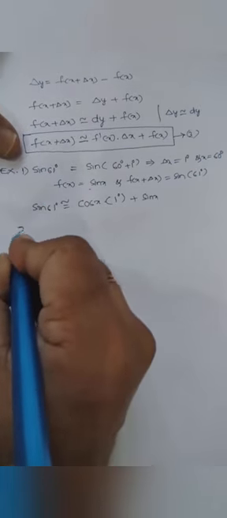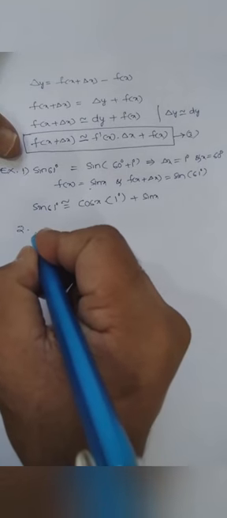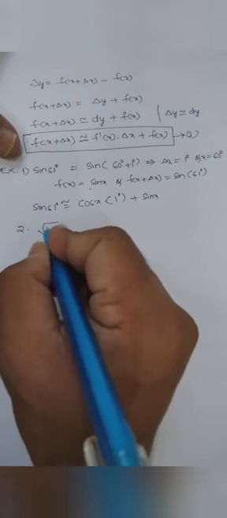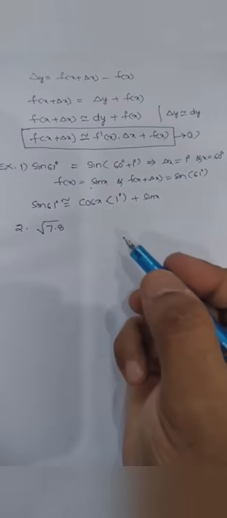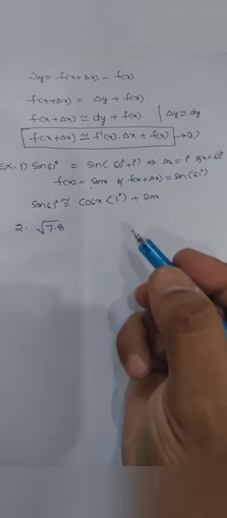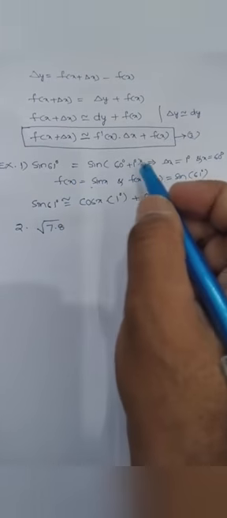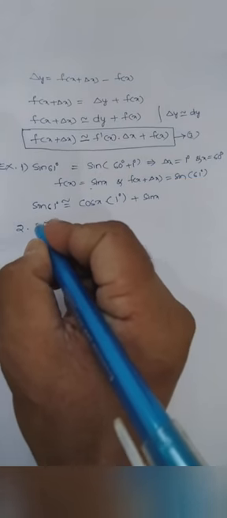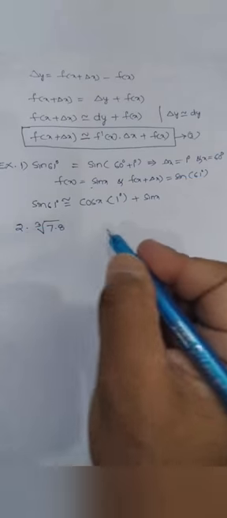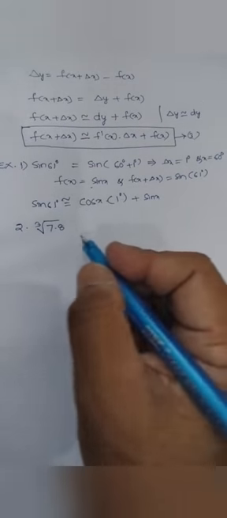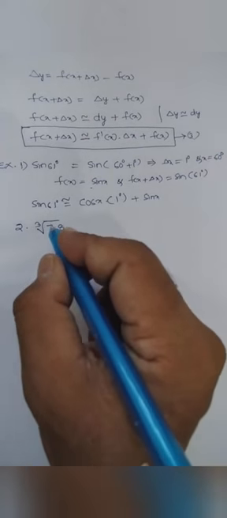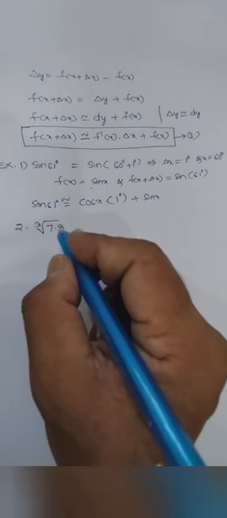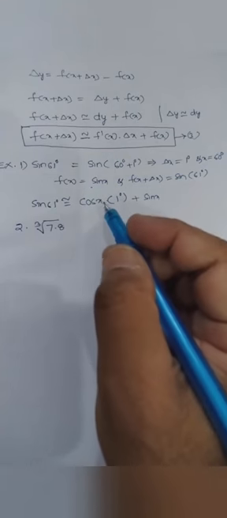For example number 2, suppose we have the cube root of 7.8. In the previous example the error was positive. Here, for the cube root we require 8, but it is lesser by 0.2.